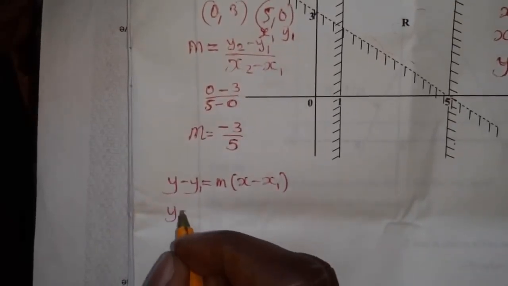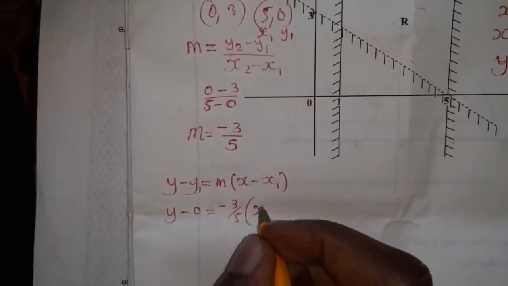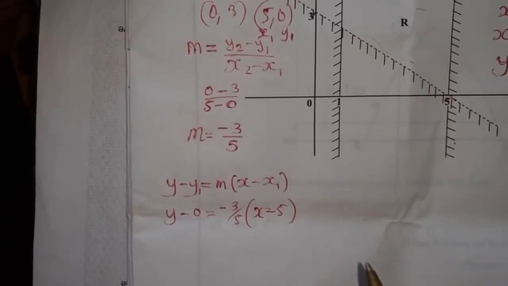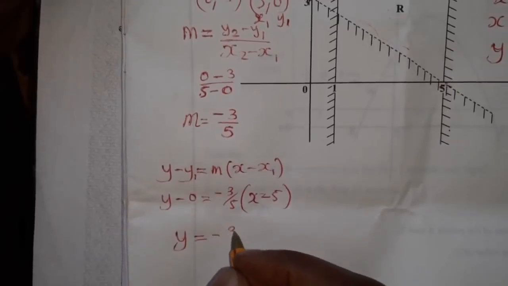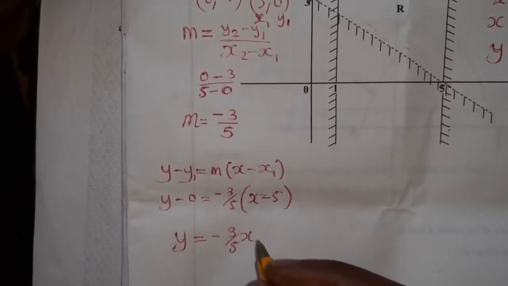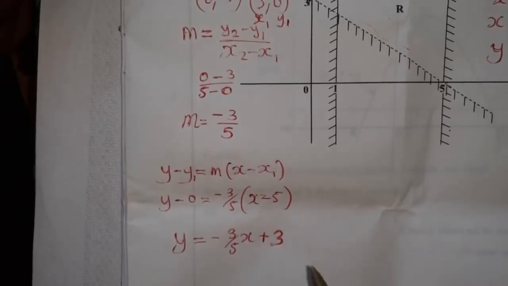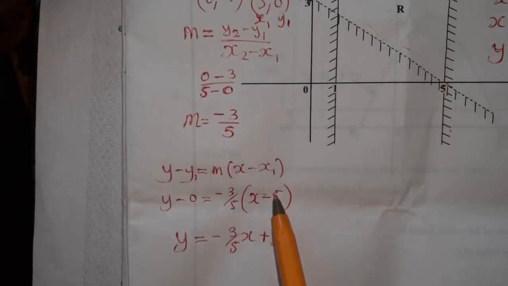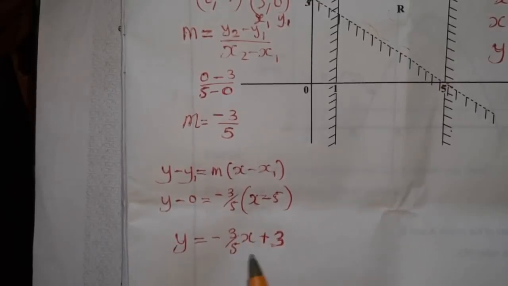So we say y minus 0 is equal to negative 3 over 5, x minus x1. So you have y is equal to minus 3 over 5x plus 3. Plus 3 in the sense that 5 into 5 is 1. Then this negative and this negative will give us, so when you multiply 3 by 1, you get 3. So this is an equation here.